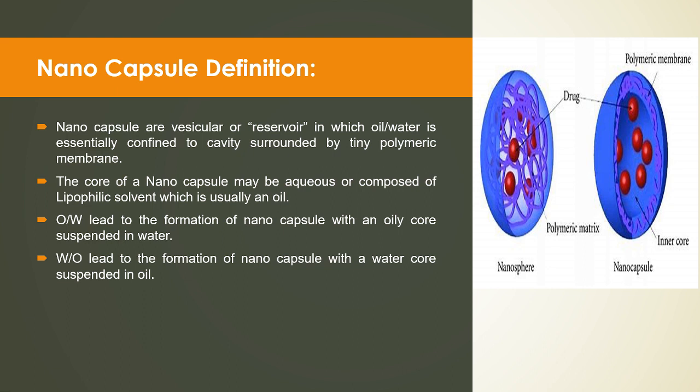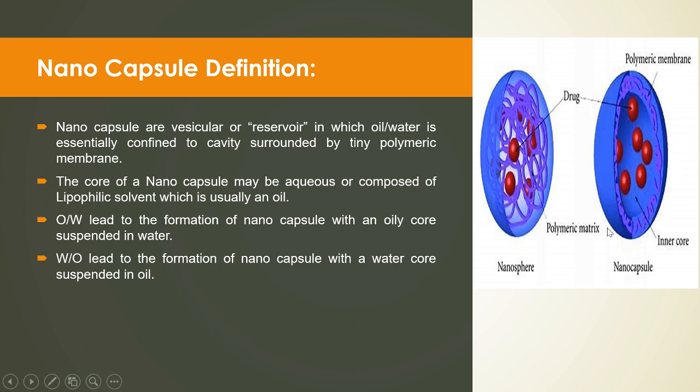So this is how a nanocapsule looks. Nanocapsules are vesicular or reservoir systems in which oil or water is essentially confined in a cavity surrounded by a tiny polymeric membrane. The core of a nanocapsule may be composed of a lipophilic solvent, which is usually an oil, as you can see in the figure here.